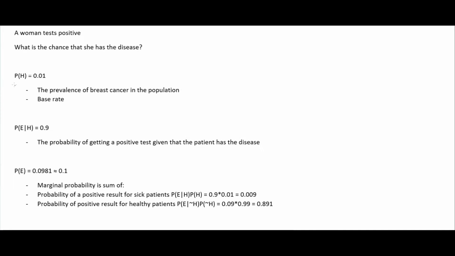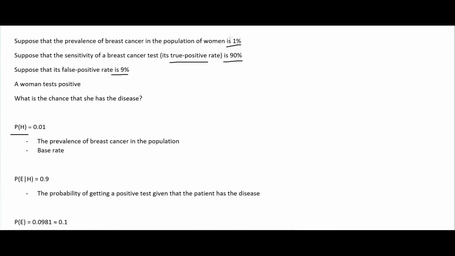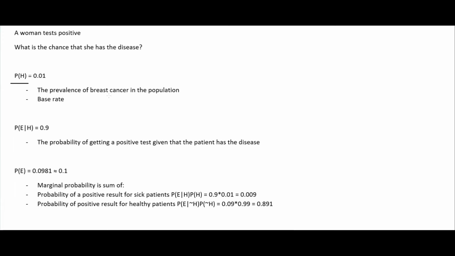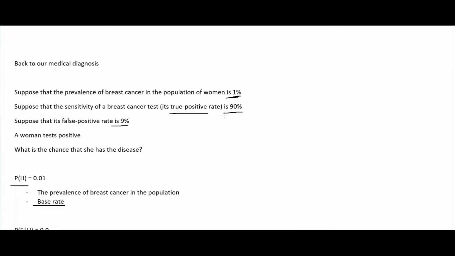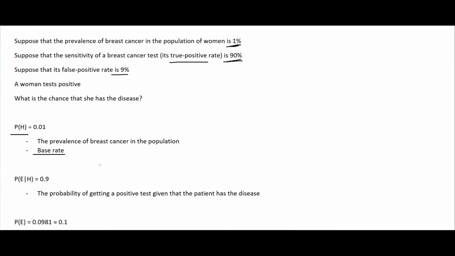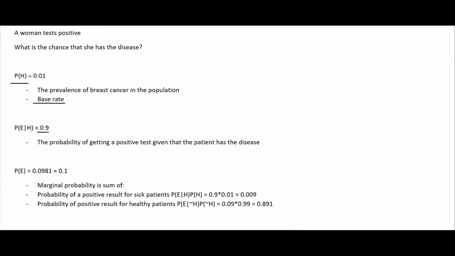So we take our prior here as being 0.01. That's the 1% here. So that's the prevalence of breast cancer in the population. That's our base rate. Then the probability of getting a positive test given the patient has the disease. That's our 90% here, so we give that a 0.9.